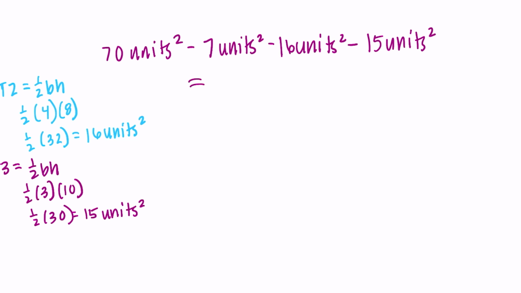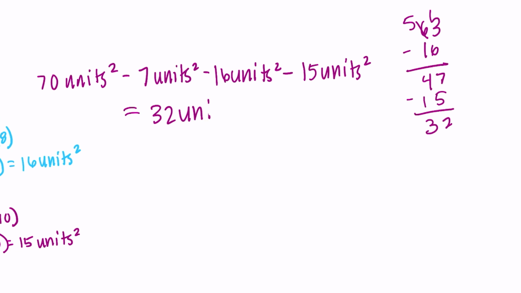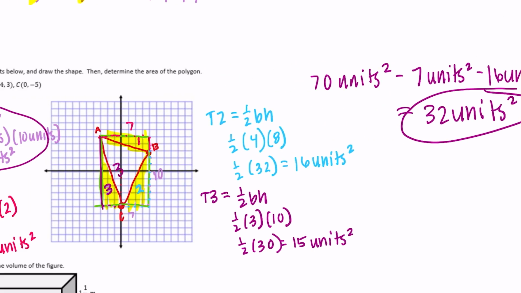So let's see, 70 minus 7 would be 63, minus 16, minus 15. We are left with 32 units squared. And that is the remaining area, which means that this is 32 units squared.